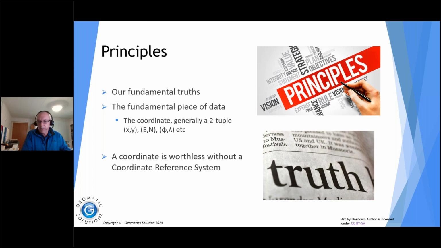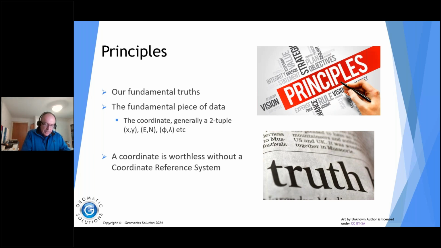These can obviously be one tuples and three tuples as well, because sometimes we have a vertical coordinate reference system applied as well, and sometimes we have a 3D coordinate that we need to deal with. But generally, we are talking about two tuples, or X and Y's, or eastings and northings, when it concerns the applications we use in oil and gas today. And then we go to a single vertical CRS when it comes to wells.